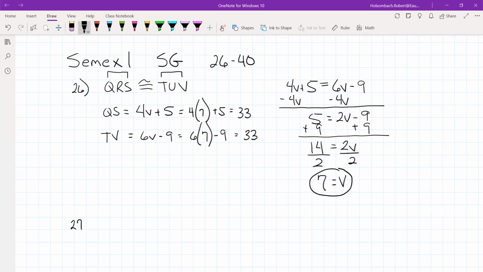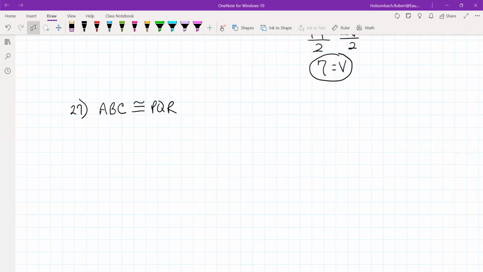Number 27, ABC congruent to PQR. Angle B is equal to 2x plus 6.